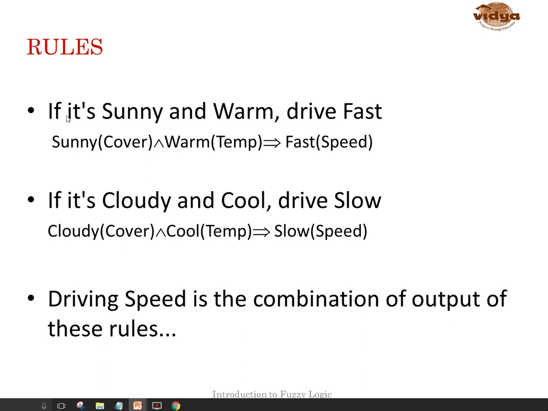Rules are used in fuzzy logic. If it is sunny and warm, drive fast. Since it is denoted with AND, we use the conjunction here. If it is cloudy and cool, drive slow.